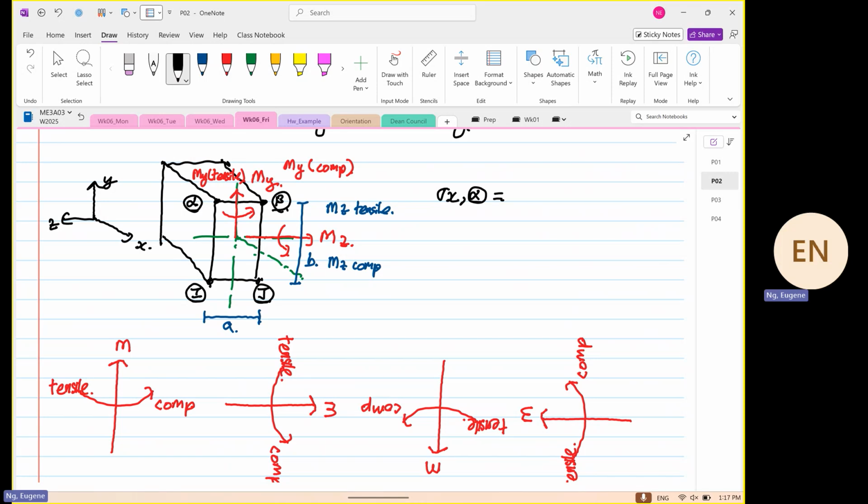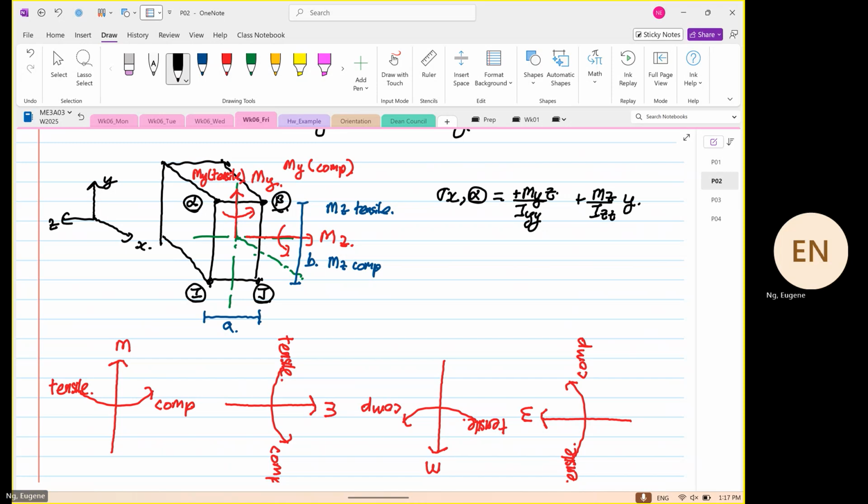Okay, so it's equal to positive My over Iyy multiplied by z, and then for Mz it is also positive Mz over Izz multiplied by y.